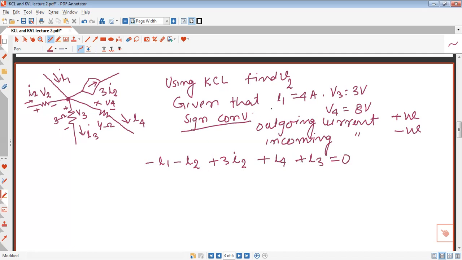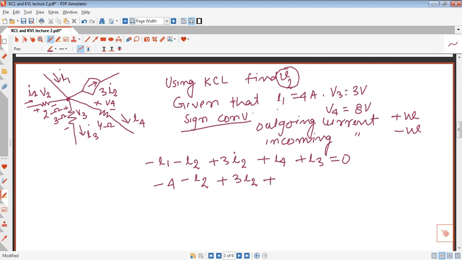So now you put the values given here. I1 is given here as 4, so I have put the value of I1 as 4. Now, I2 value is not given directly. Here the resistance is given and we have to find voltage V2. We do not know its value. So I just write here I2, because I2 value is not given, plus 3I2 plus I4.